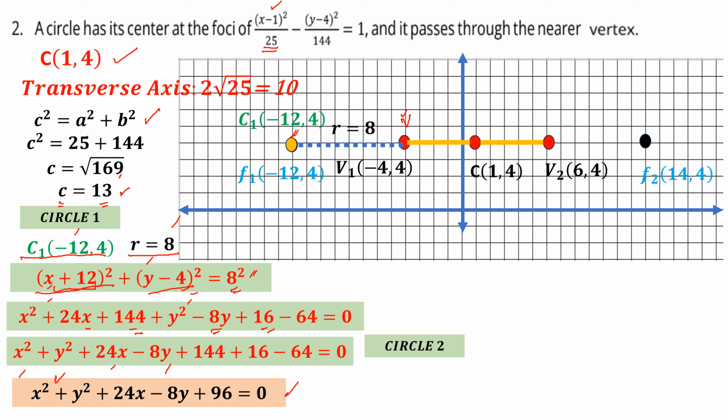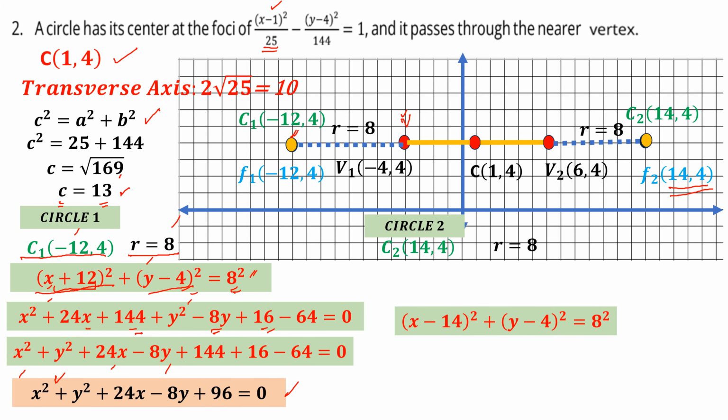So to further simplify, we have our general form of the equation of a circle according to the first center. Okay, so next, we are going to get circle 2. Circle 2 is being described by this focus, because the foci are the centers at the same time of the circles. So our circle 2 is being described by (14, 4), and our radius is still 8.